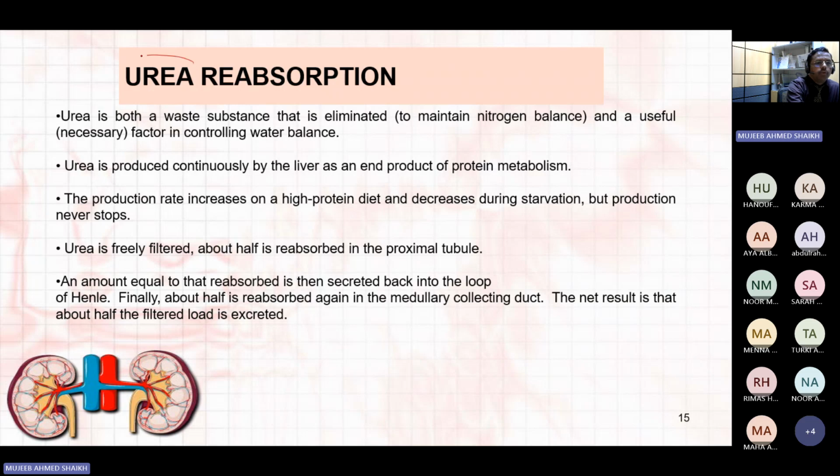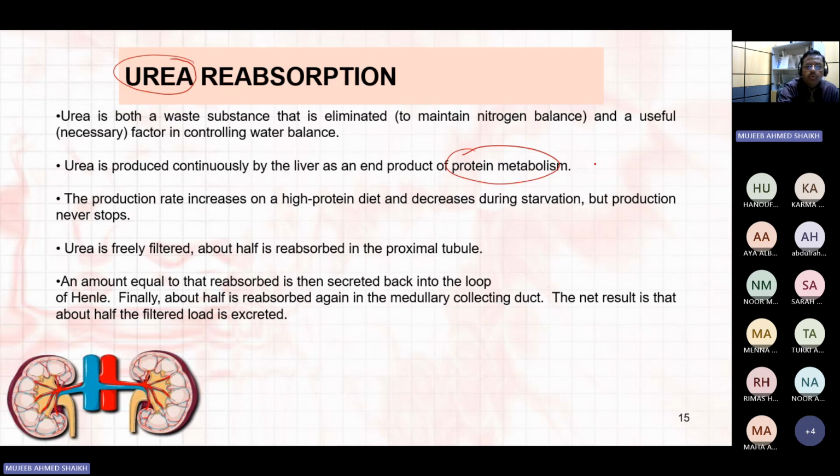From where does urea come into our body? What is the source of urea in our body? Urea is a byproduct of which metabolism? Protein metabolism. So it is coming from protein metabolism, and in our diet and in our whole body, protein metabolism is continuously going on.